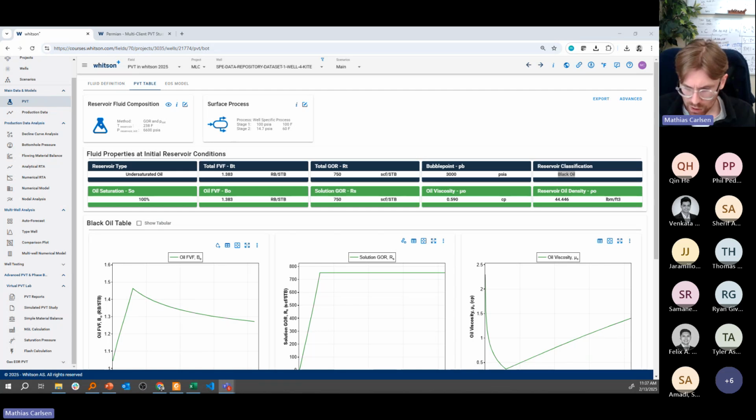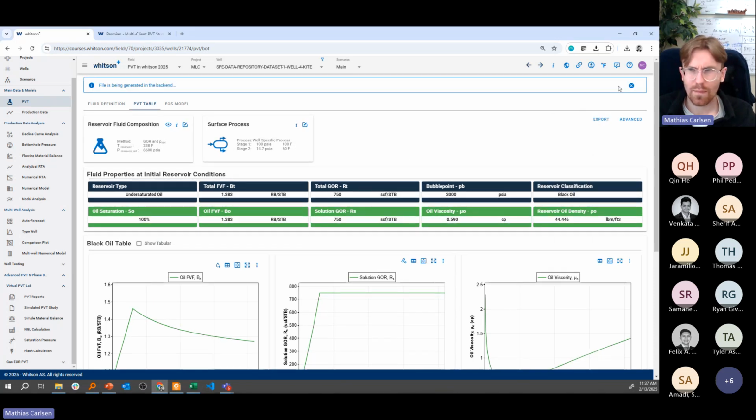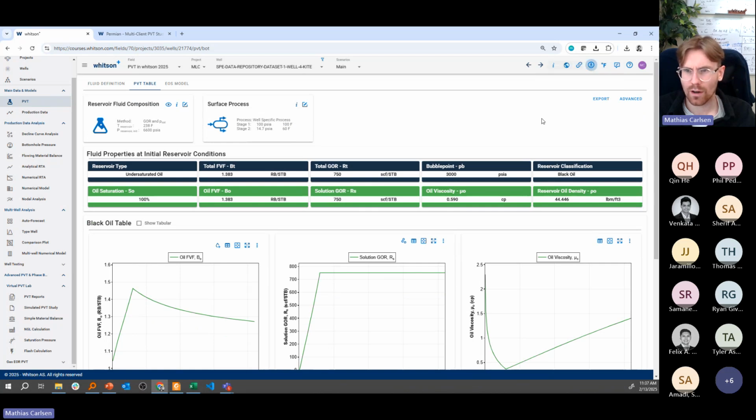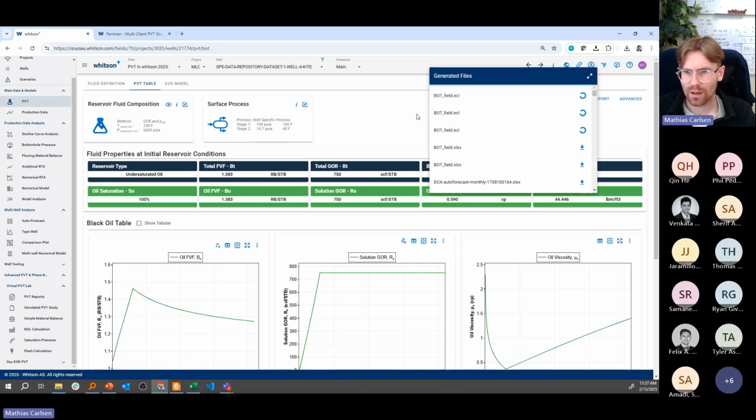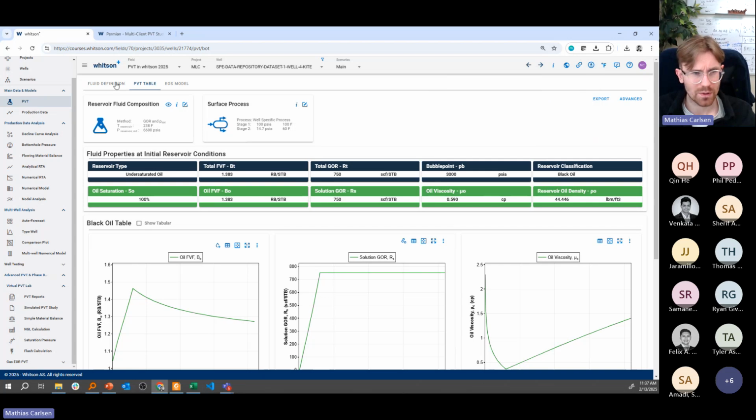Yeah, very good. I saw there was a question from Edward, just where the file is written after performing export to Eclipse. Okay, so if I export here to Eclipse, it looks like it should actually come under here on the generated files. I don't know what's going on with the Eclipse export, but it should be up here, Edward.